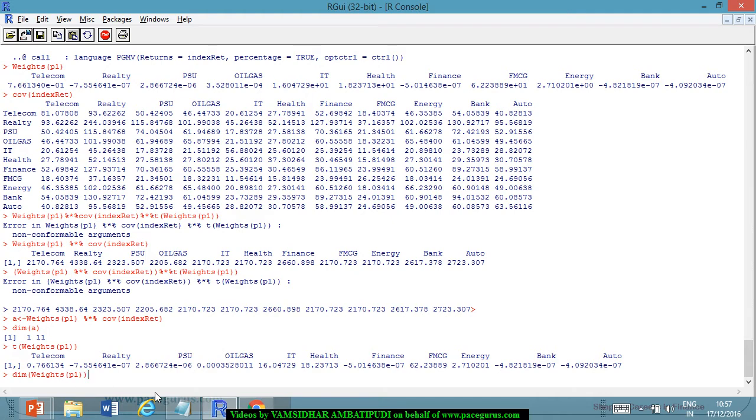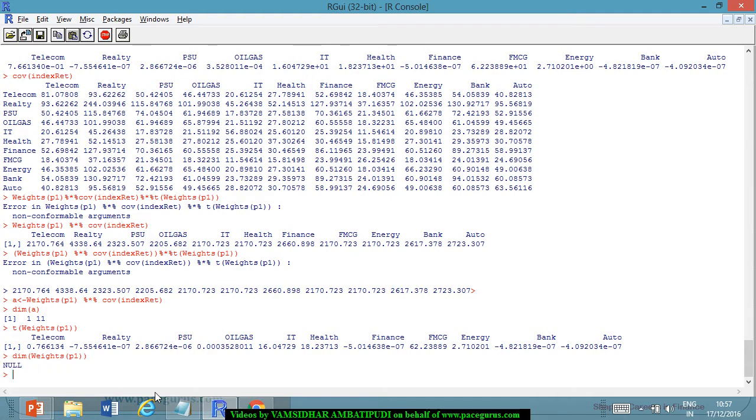If I look at the dimension of the weights of P1, that's not working, so the weights of P1 is not coming out.